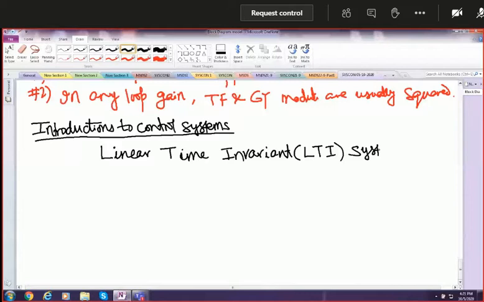That means in your model equation, so far whatever I have taught you, they are all linear time invariant systems.